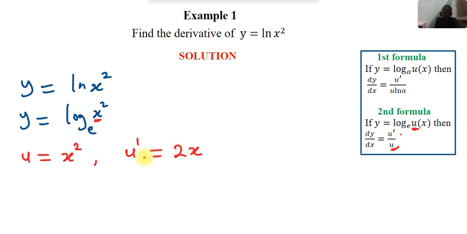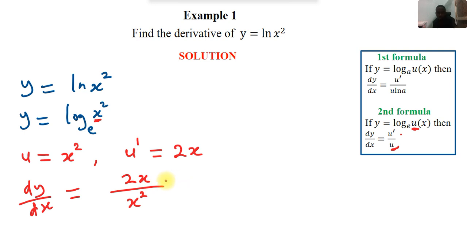So we have gotten all that we need. So therefore we can conclude by saying dy dx equals, what's our u prime? That's 2x, divided by u, and our u is x squared.